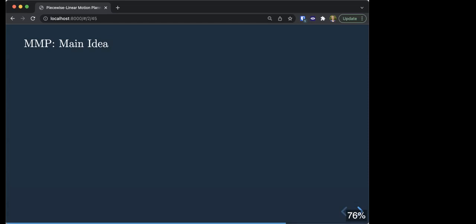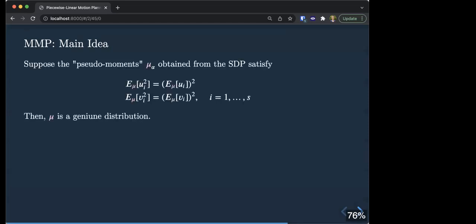Again, we lift into the space of moments, of distributions, and at the end of the day, what we want is an actual path. So imagine for a moment that, by some miracle, you find a solution mu satisfying the following properties: the expectation of each variable squared is equal to the expectation of the variable, everything squared. What is this saying?